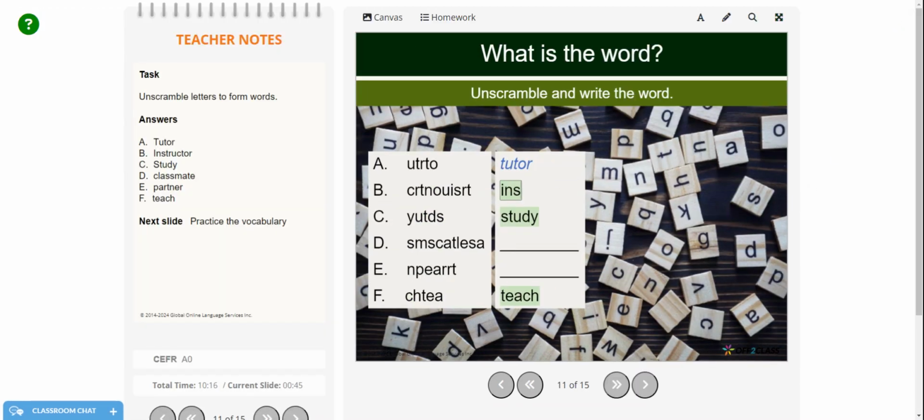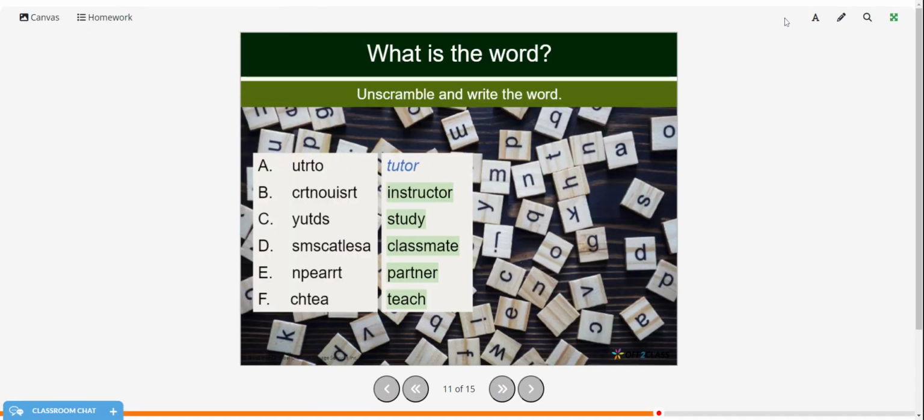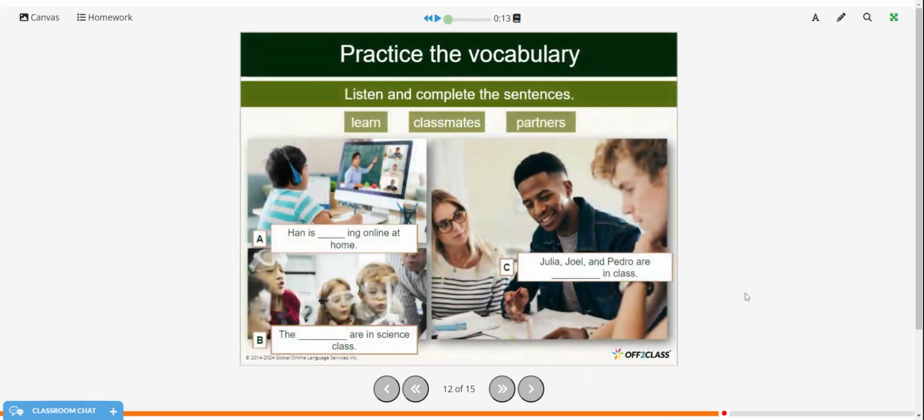B is instructor. D is classmate. And E is partner.